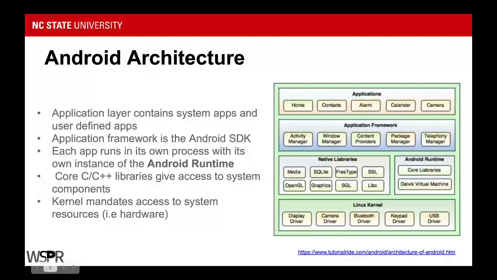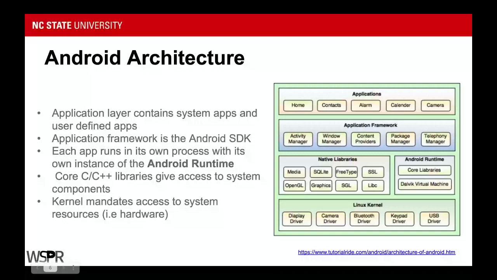So this layer consists of the classes that are required to build an Android application. For example, the activity manager, the package manager, the notification manager, and so on. So this is also known as the Android SDK. Remember, I said that when newer API levels, newer features are added in Android, those new APIs are introduced in this layer, which is exposed to the app developers.